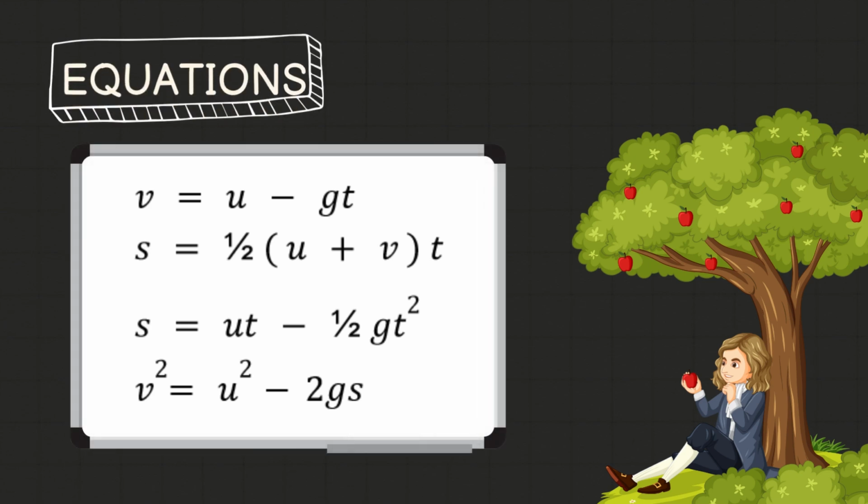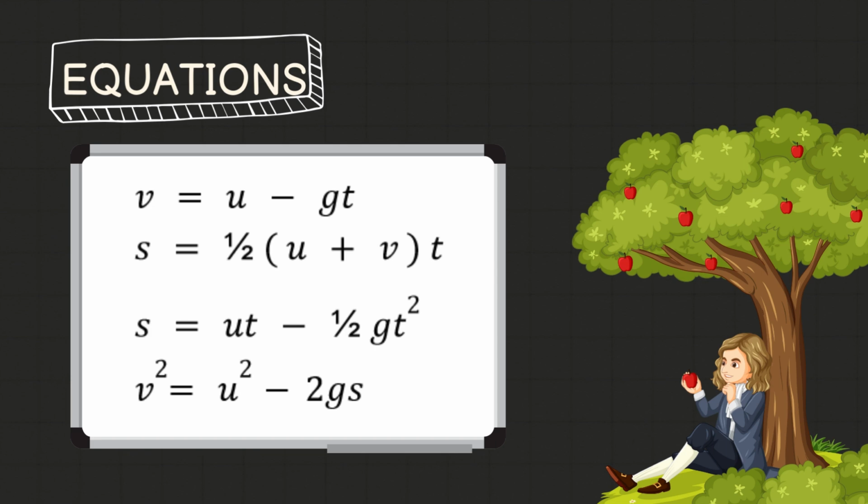The equations of free falling bodies can be summarized as below. First, v = u - gt. Next, s = 1/2 (u + v)t. s also equals ut - 1/2 gt².